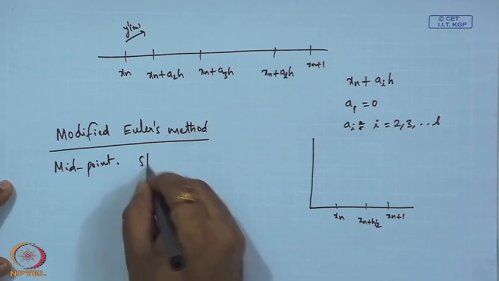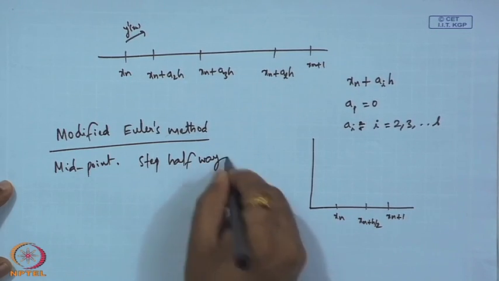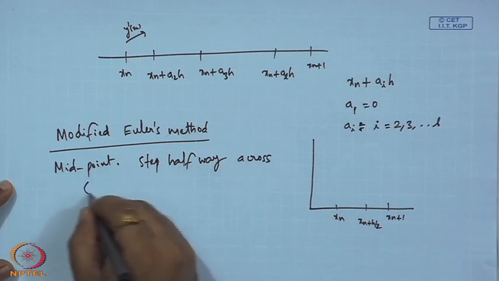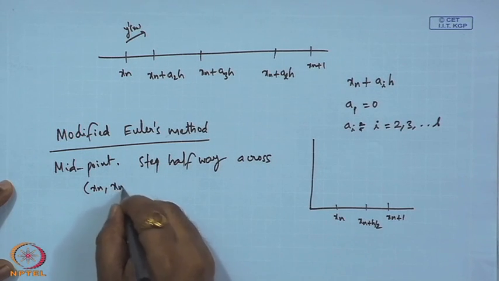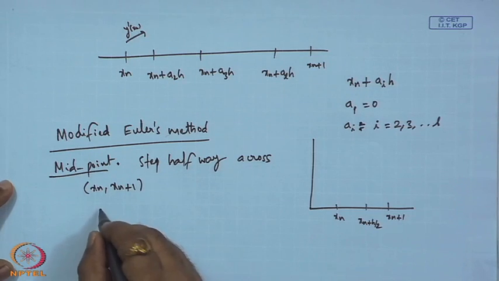So, what are we doing? Step halfway across, this is the midpoint rule.